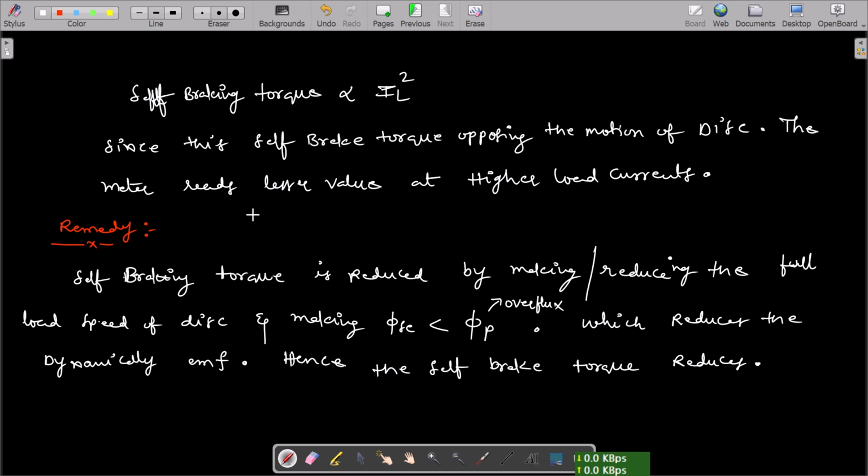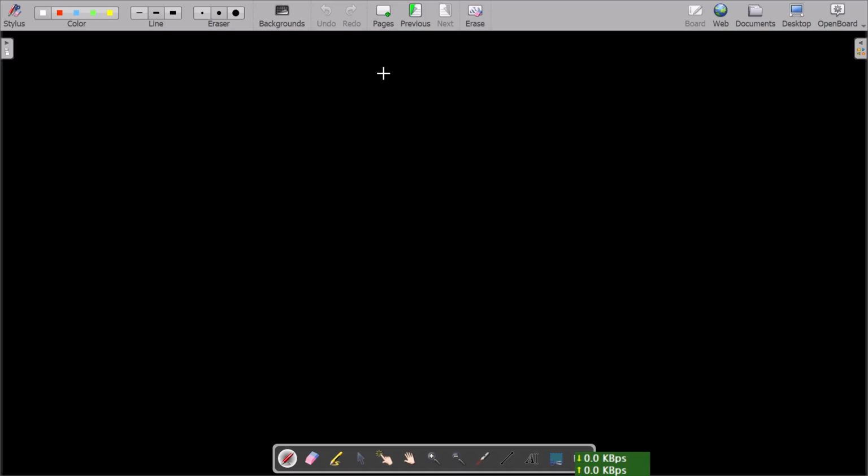Okay, this is one method to reduce it, and another method I have already said: we will not let that overflux touch the disk.